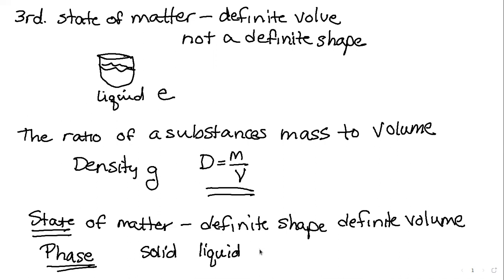So those are your three choices. If they throw in plasma, they're just trying to make you crazy because plasma's in outer space, so don't worry about it. So definite shape: gas does not have a definite shape, liquid does not have a definite shape, solid does have a definite shape. So your answer is solid. And just to check, does solid have a definite volume? Yes, it does. And solid is D.